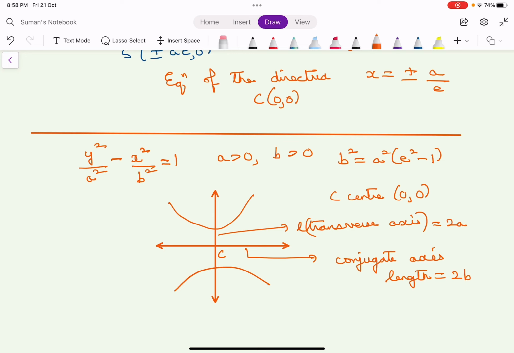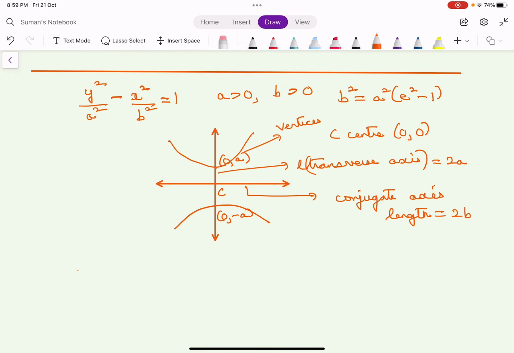Then you have the vertices. There are two vertices here, 0, a and 0, minus a. So I'll just write it down here. Your vertices are 0, plus or minus a.